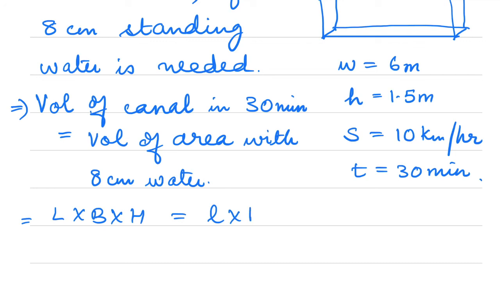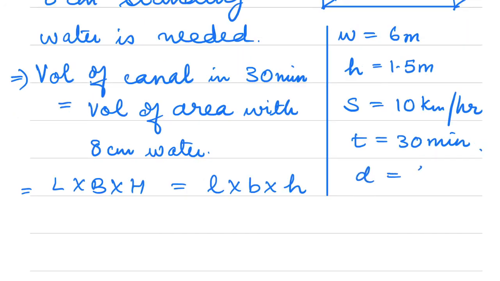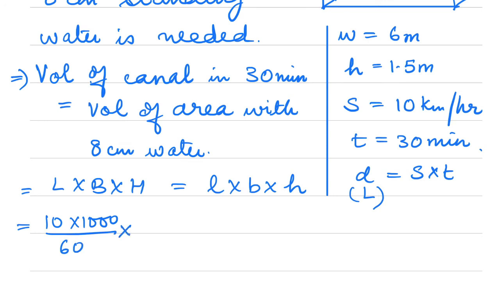So length into breadth into height. Here we have distance equal to speed into time, so I can find out the length of the canal. Length of the canal is speed into time. Speed is 10 kilometer per hour, so I'll convert 10 into meters: 10 into 1000, divided by 60 minutes, and I have to find for 30 minutes, so I'll multiply by 30.